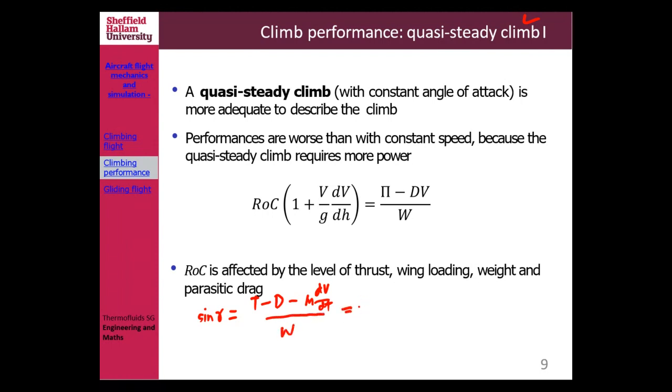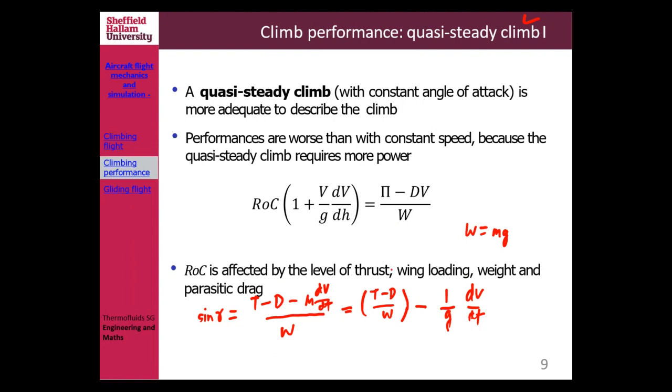So if I put them together, T minus D divided by W, and then obviously minus m divided by W, which is 1 over g, and dV/dt. I hope you know how I get that g: g is actually W divided by m, so m divided by W is 1 over g, right?